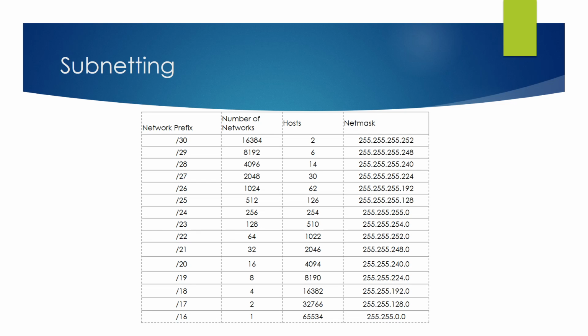What subnetting means is that it provides the ability to divide large networks into multiple smaller networks. So for example, if we have a class A network, which as a single network provides more than 16 million addresses, you can divide this network using subnetting to provide fewer addresses to the users.